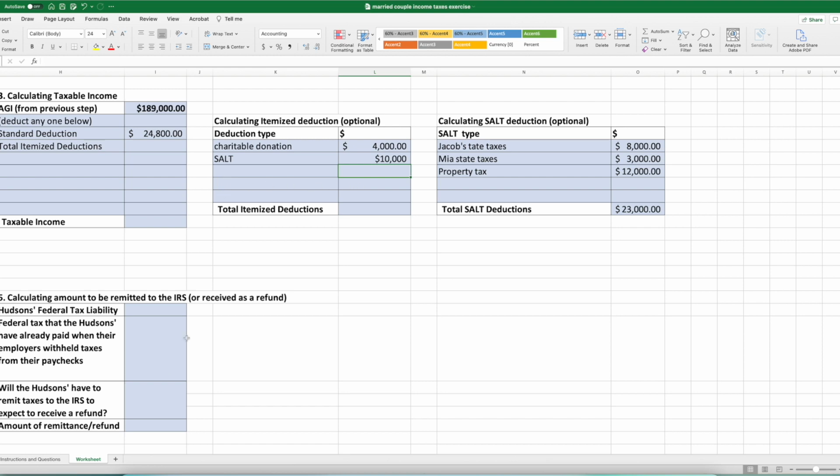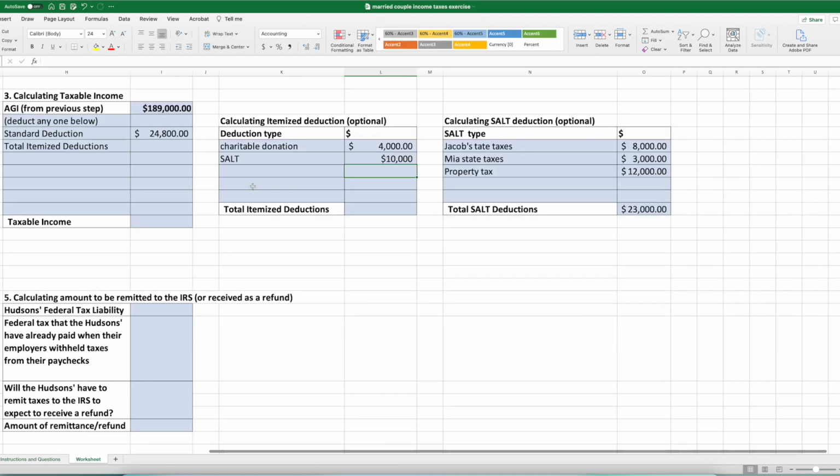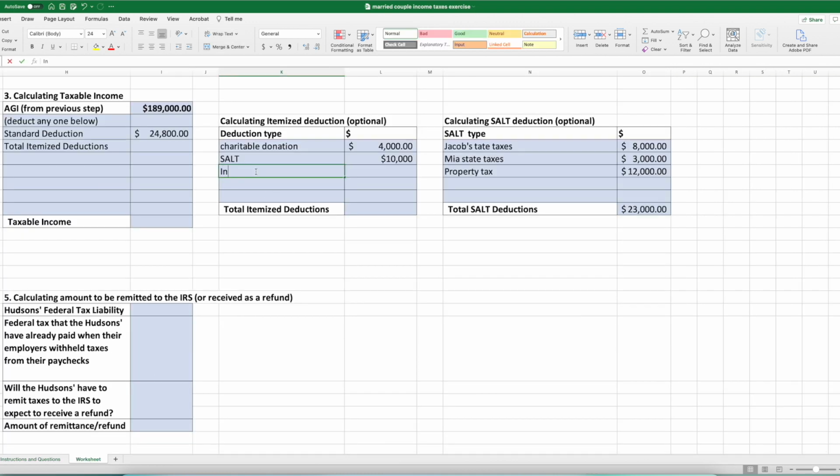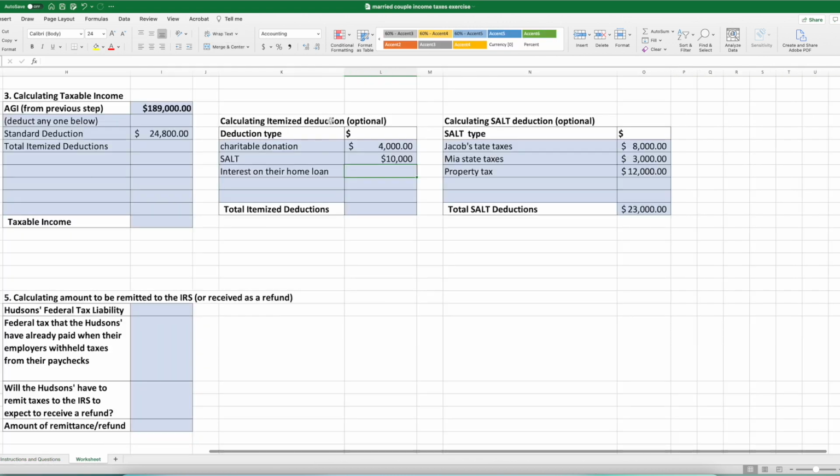What other itemized deductions are they eligible for? Well, the interest on their home mortgage is an itemized deduction. So interest on their home loan is $6,000.